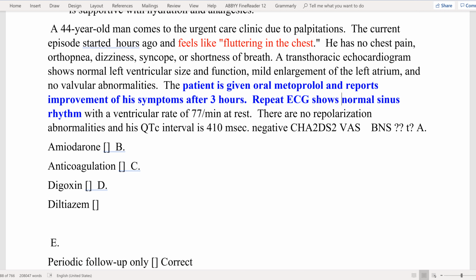Okay. How about digoxin? Why not digoxin? I don't know. Well, because he's being rate controlled or rhythm controlled by metoprolol, right? So maybe that's why. Not sure. So this digoxin, we give it when you have atrial fibrillation with heart failure.